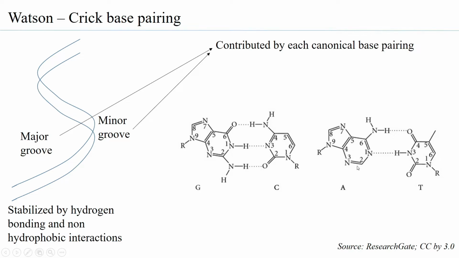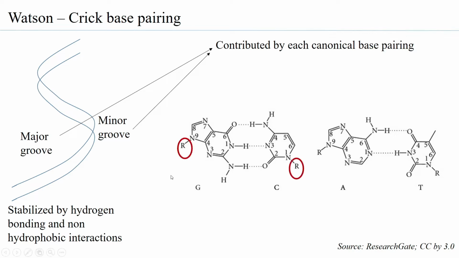Similarly, you will find that in the purine adenine you again have the 1, 2, 6 face that is interacting or hydrogen bonding with the 2, 3, 4 face of the thymine. So these are the conventional Watson and Crick base pairings that were proposed by Watson and Crick themselves, and these are what fall under what we call a standard Watson and Crick base pairing.